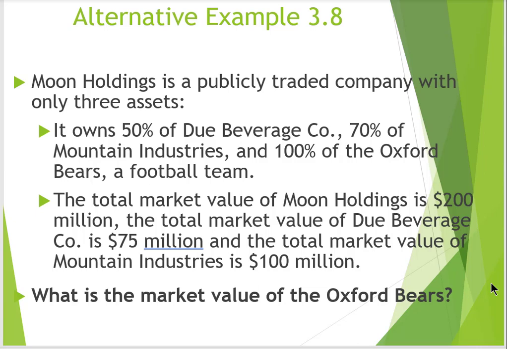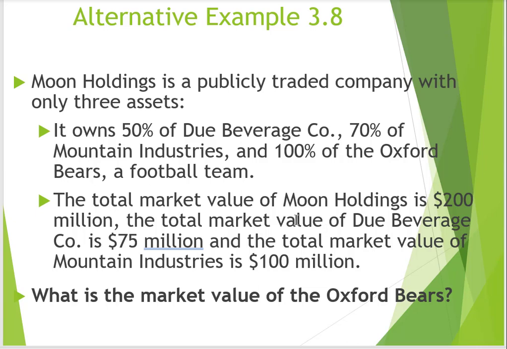Now, here's something about these companies. Dew and Mountain are publicly traded companies. They have their own values. But Oxford is a private company. It doesn't have stock. So we would like to know, what is the value of this football team?